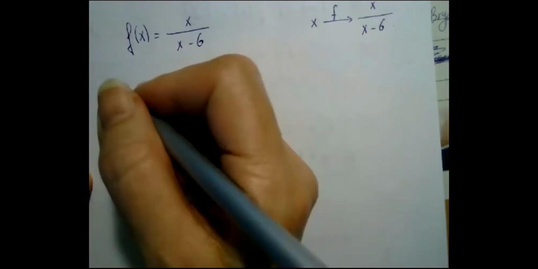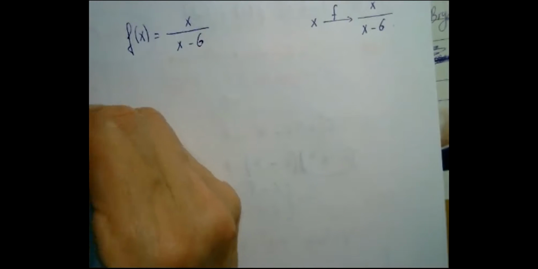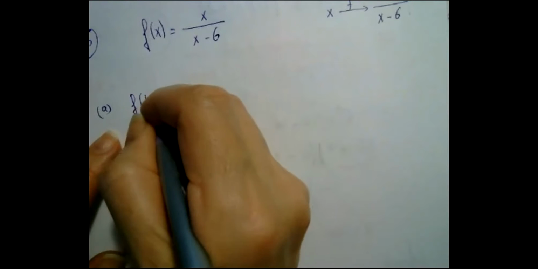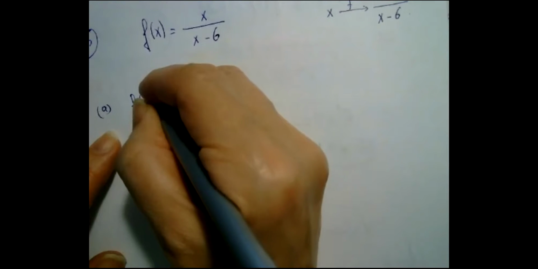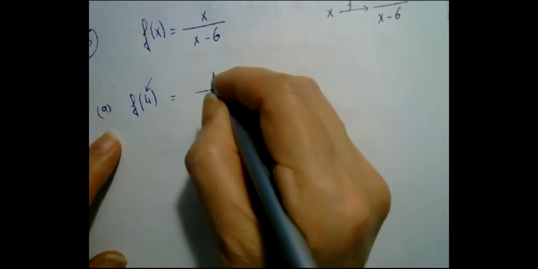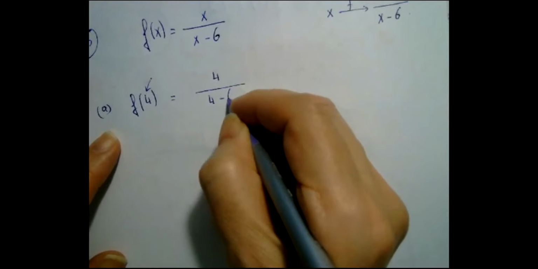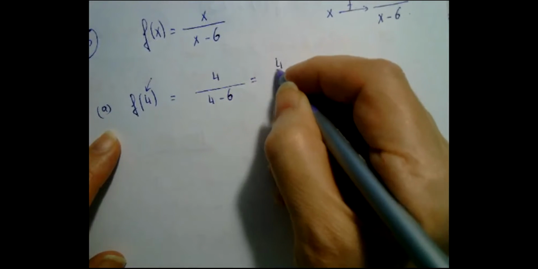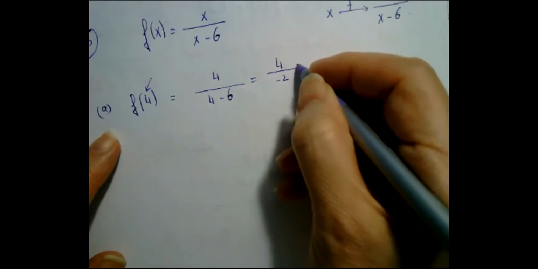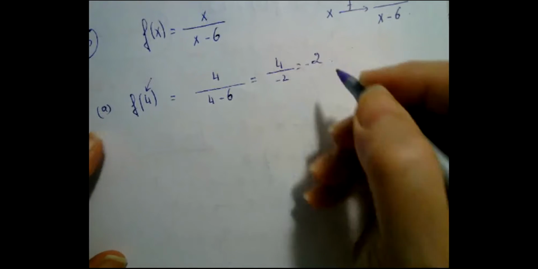So I will do the first one, which is the simpler one, and then I'll let you do the rest. What does f do to 4? 4 is my input. It's 4 over 4 minus 6. 4 minus 6 is -2, which gives me -2.